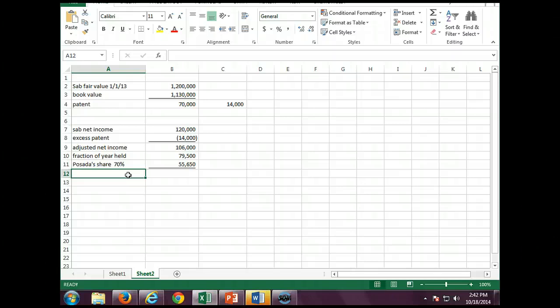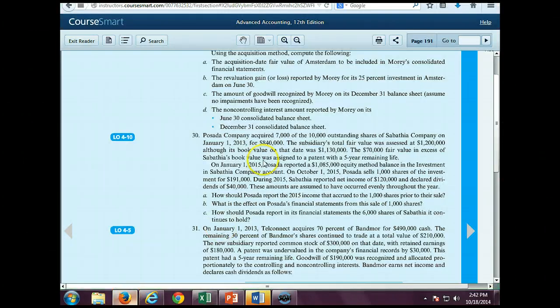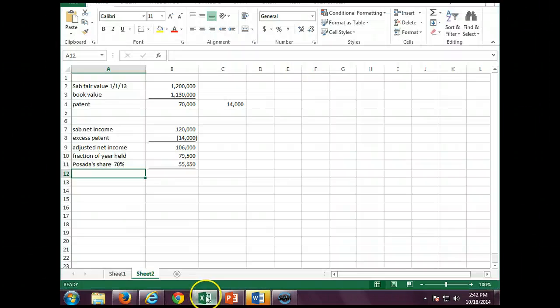Then, we acquired 7,000 shares and we sold 1,000 shares. So if we take 1 divided by 7, or about 14%, okay?